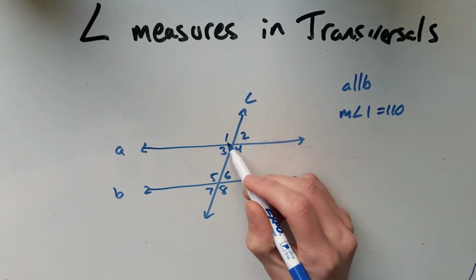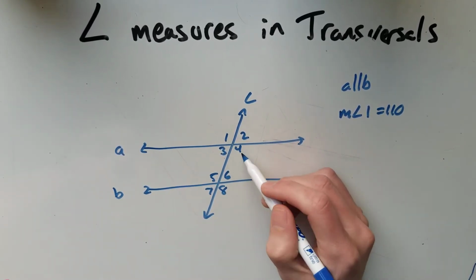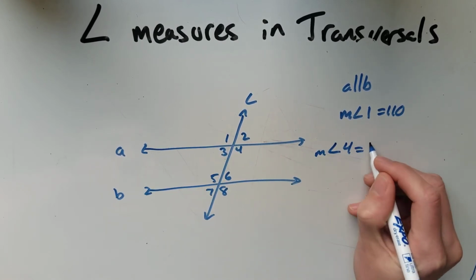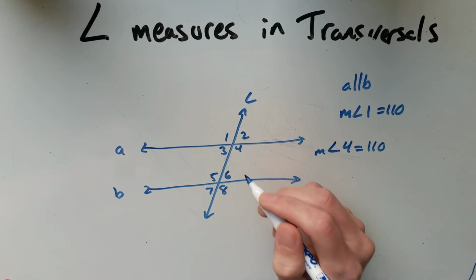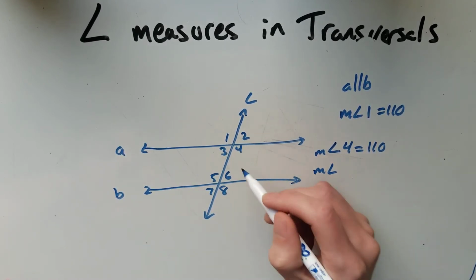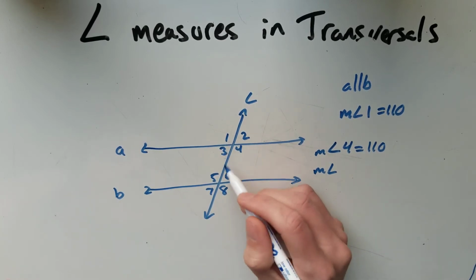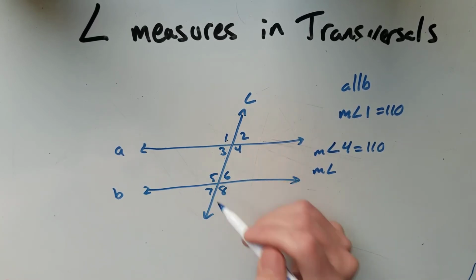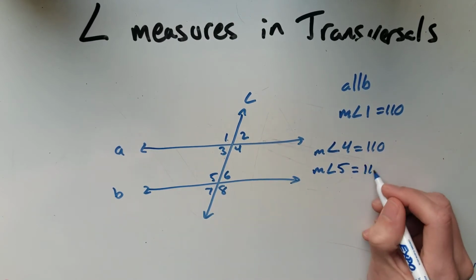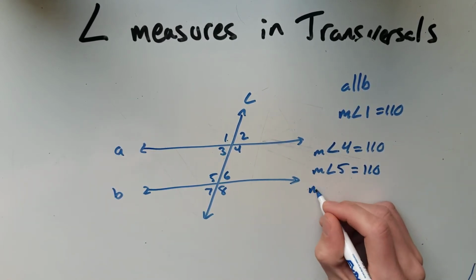So if angle 1 is equal to 110, well, by vertical angles, we also know the measure of angle 4 equals 110 because they're vertical. And from what we just said, since these two lines are parallel, the transversal is going to make the same 4 angles. So angle 1 will be congruent to angle 5. So that means angle 5 has the same measurement as angle 1.